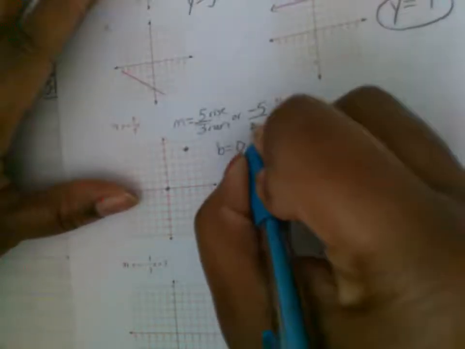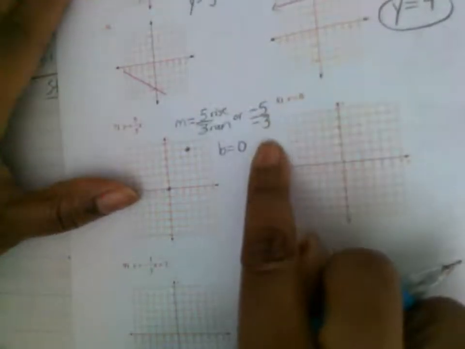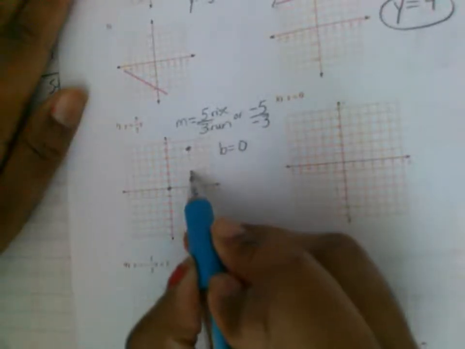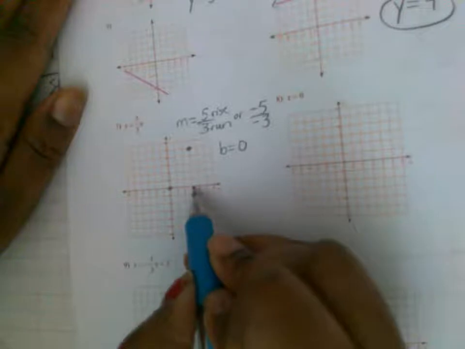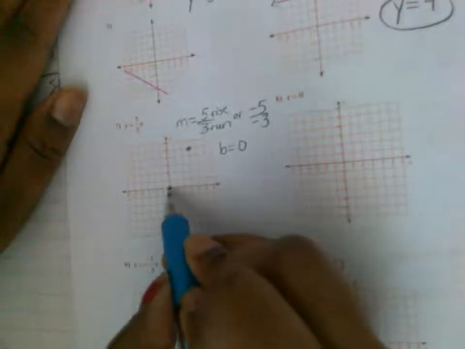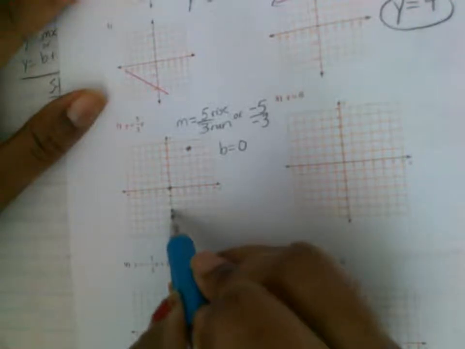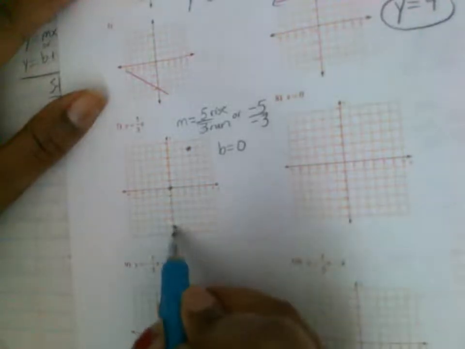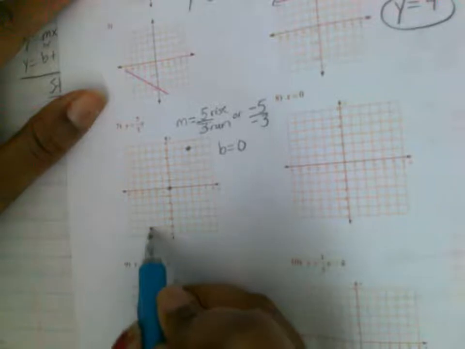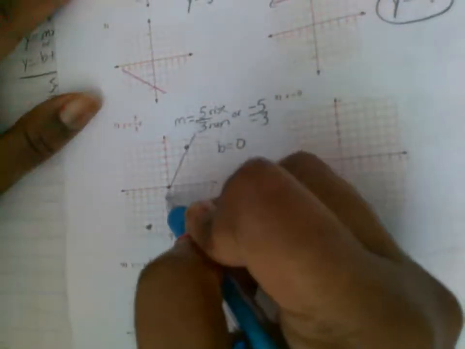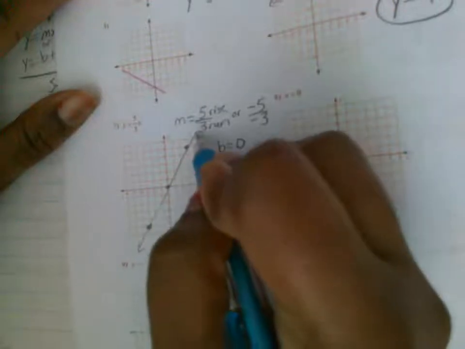Instead of going to the right 3, go to the left 3. Okay? So here I go down 1, 2, 3, 4, 5, and to the left, 1, 2, 3. Do it again. Down 1, 2, 3, 4, 5. To the left, 1, 2, and 3. No more space. So I connect my points and it forms a straight line.